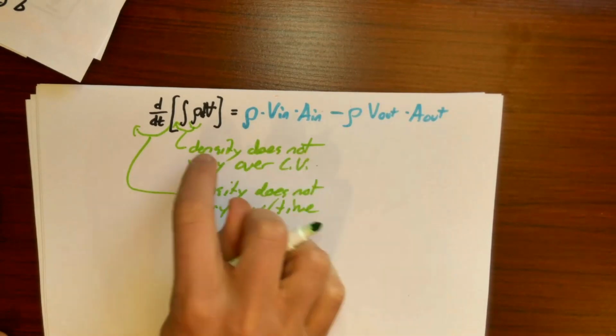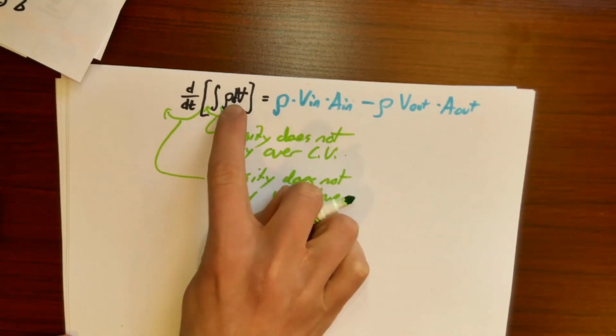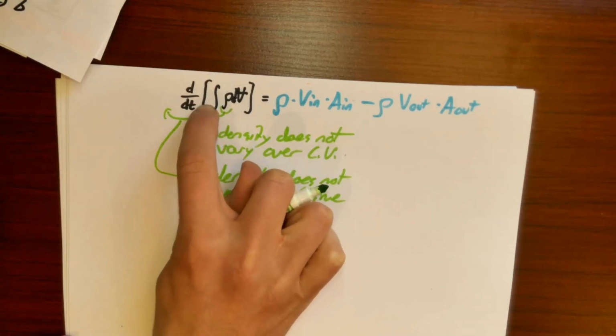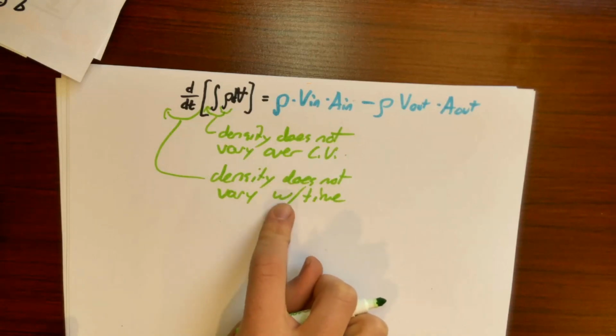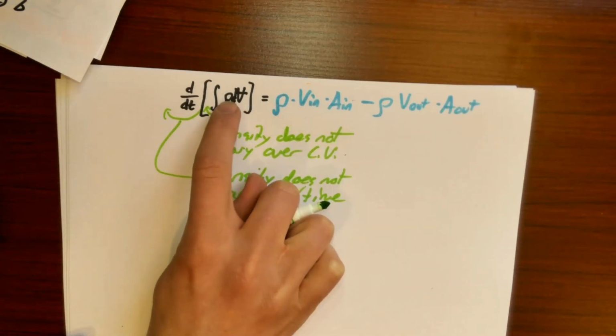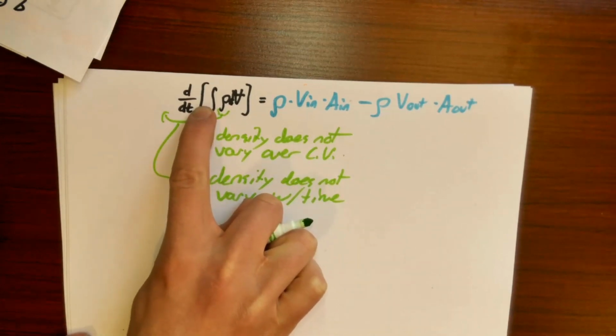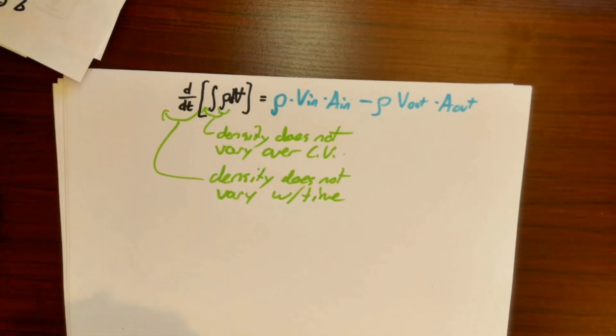In some problems you might have spatial variations in density, in which case you wouldn't be able to pull it out, but in our case we can. And in some problems you might have density varying with time. In our case, density doesn't vary with space or with time, so we can pull it out of the spatial integral and out of the time derivative, and plop it all the way up front here. We can treat it as this known blue constant rho.